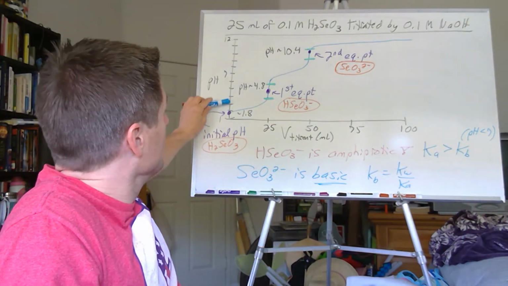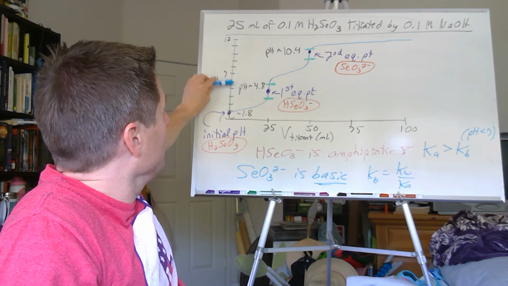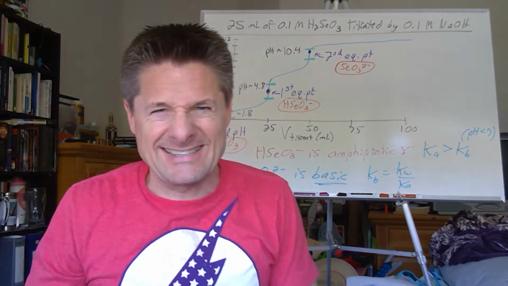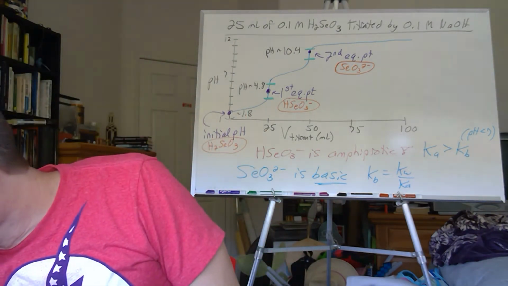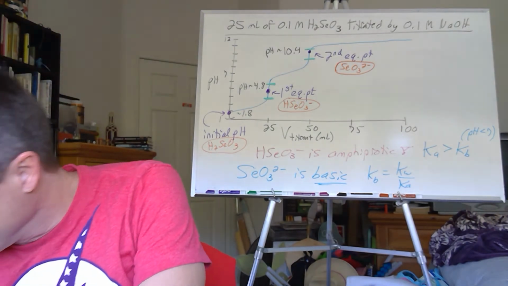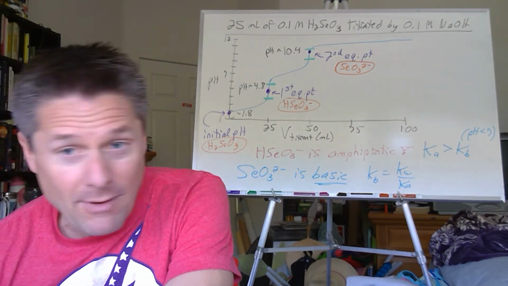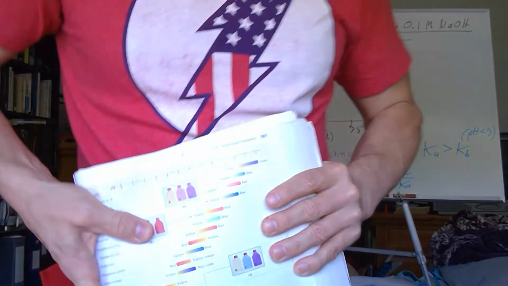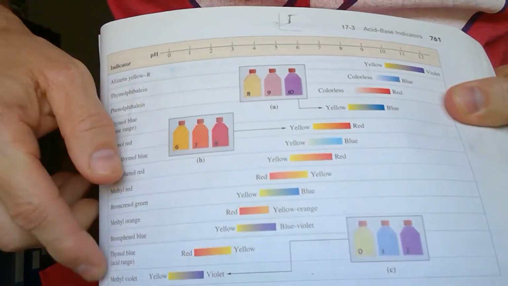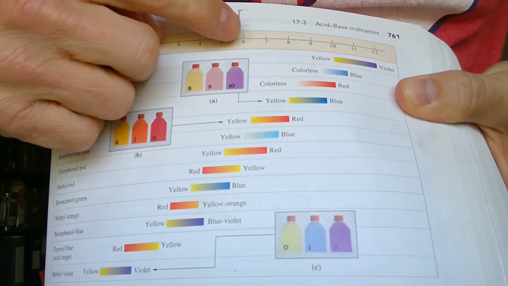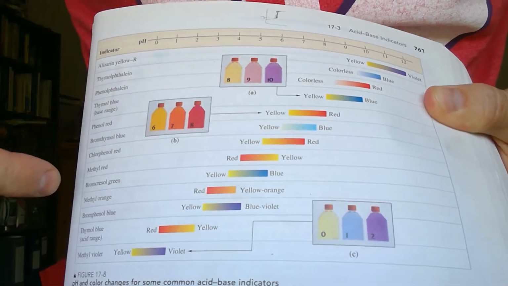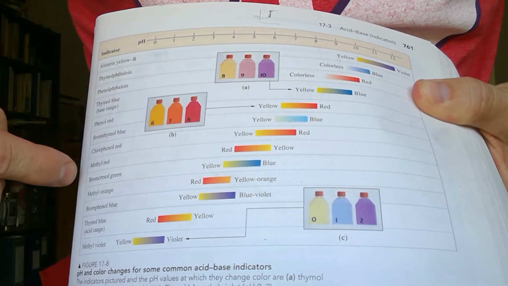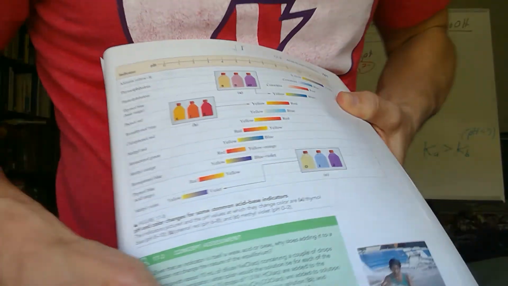So this is 1, 2, 3, 4. I mean, you're good between maybe 4 to 6 on this one. So if you're looking at indicator tables between 4 and 6, you don't have too many options, right? So if I'm looking for an indicator for that first equivalence point between pH 4 and 6 right here, maybe bromocresol green, methyl red, something like that.